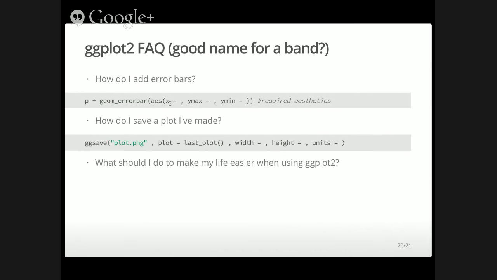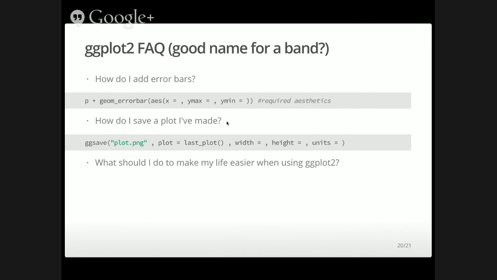Or you can do it through the stat argument. I think even in the examples for geom_errorbar, there are some that say stat equals something like that. So you still have to calculate it, but it does simplify things a little bit.